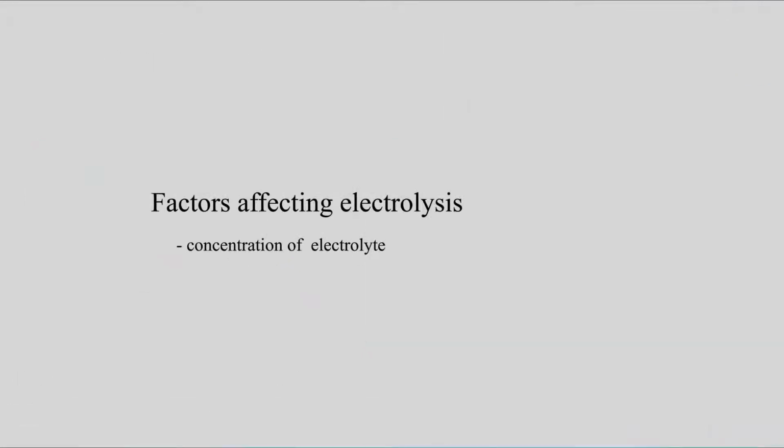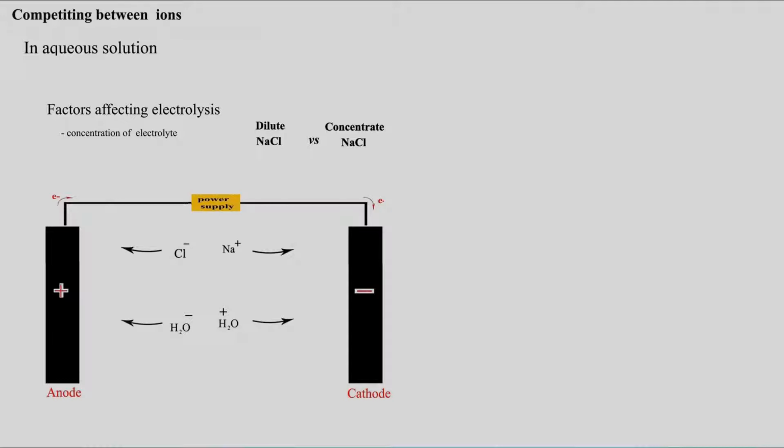Now we look at another factor. This will also affect electrolysis. Here we consider the concentration of the electrolyte. In aqueous solution, as in NaCl solution, the result is affected by the concentration.